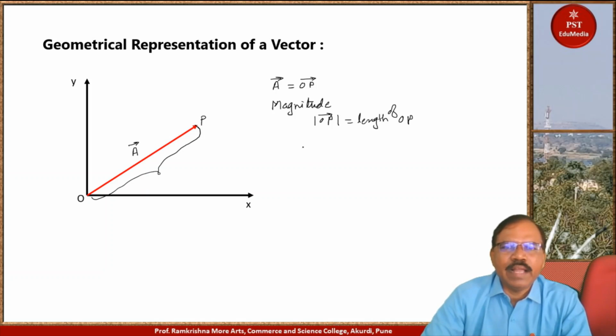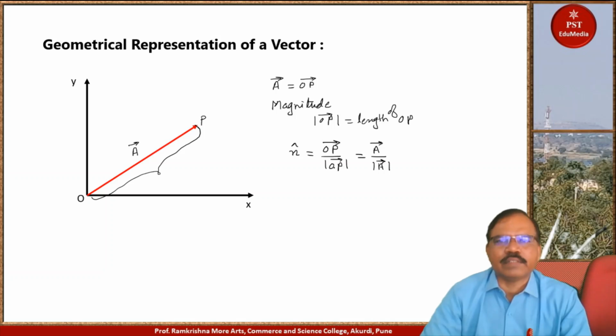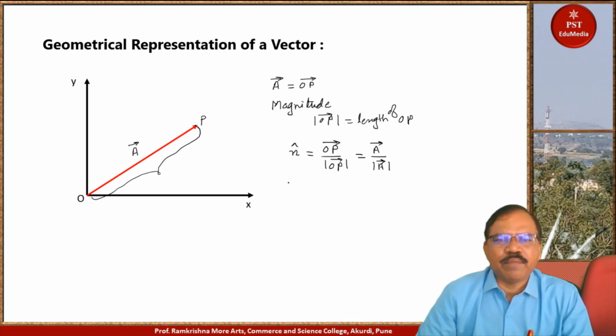So we define the unit vector n as vector OP upon its magnitude, or vector A upon its magnitude. That is called the unit vector. If we take the magnitude of a unit vector, it comes out to be unity.